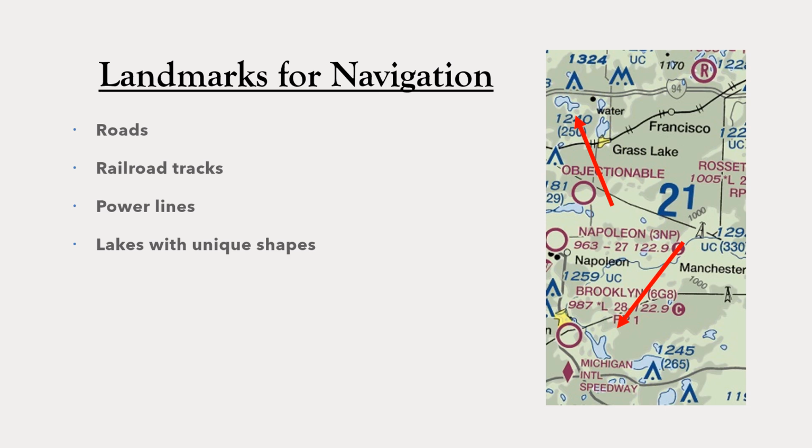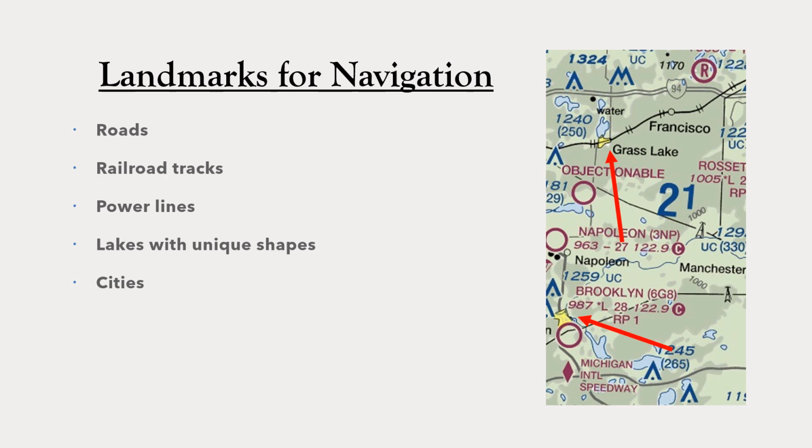Sometimes from the air, though, the lake doesn't look quite the same as it does on the aeronautical chart. There might be some swampy area or something near it that you're not sure if that's included or not. Lakes are good landmarks. Groups of lakes are pretty good landmarks, but it's also good to have some other landmarks to confirm that you're actually looking at the correct one.